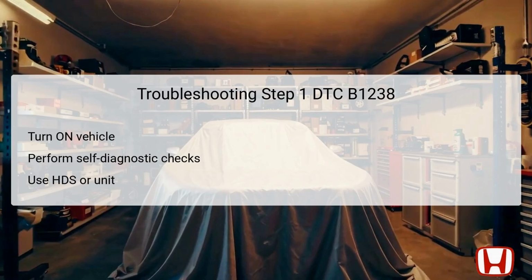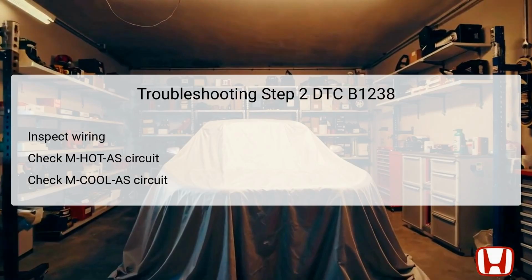Engaging this built-in diagnostic feature allows for the retrieval of fault codes and helps in affirming the presence of DTC B1238. This initial step is critical, as it establishes a baseline for understanding whether the system is responsive and functioning as intended before further inspections are carried out.